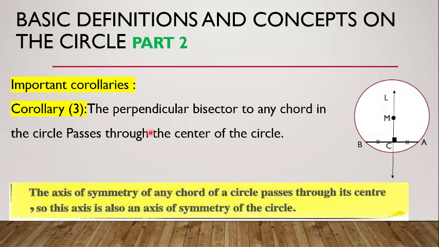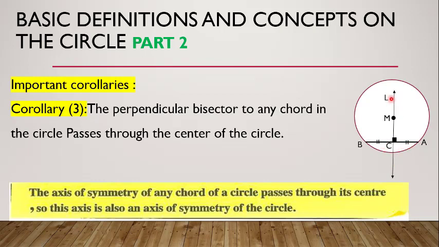Corollary number 3, the perpendicular bisector to any chord and the circle passes through the center of the circle. As we know, the perpendicular bisector, it means this line is perpendicular to a chord and at the same time bisects the chord.